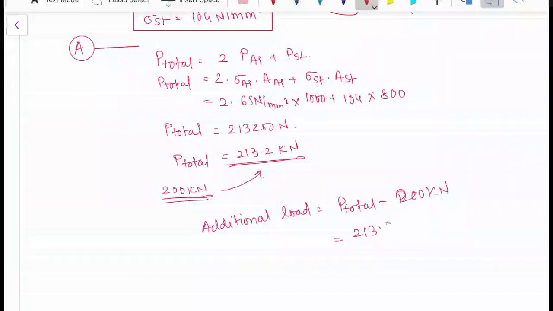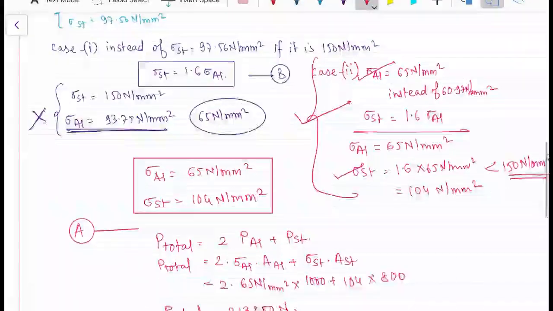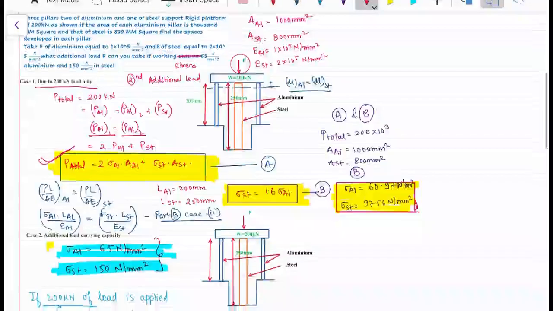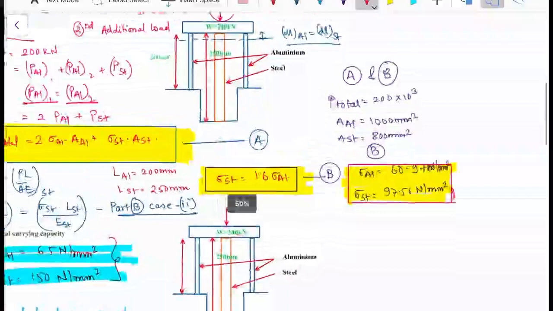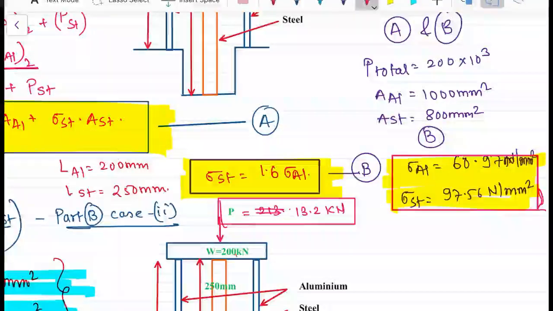So the additional load will be 213.2 minus 200, so it will be 13.2 kilonewton. So additional load P will be 13.2 kilonewton. So the answer for this second part, P will be equal to 13.2 kilonewton. So this will be the answer for this problem.